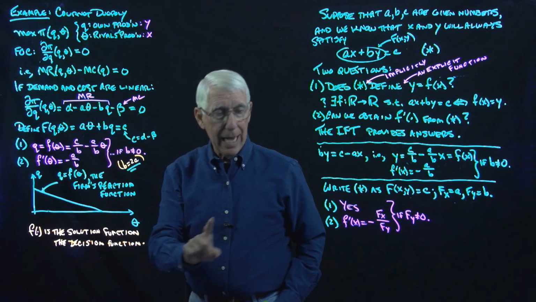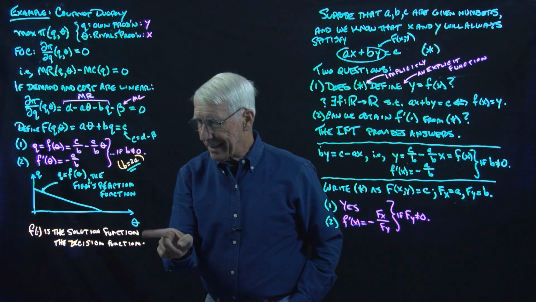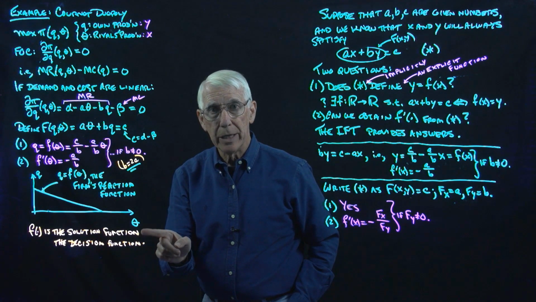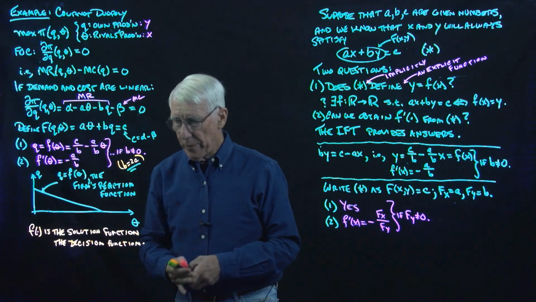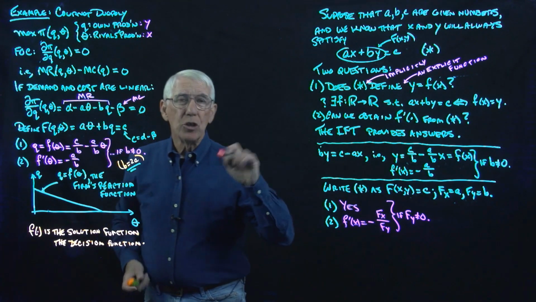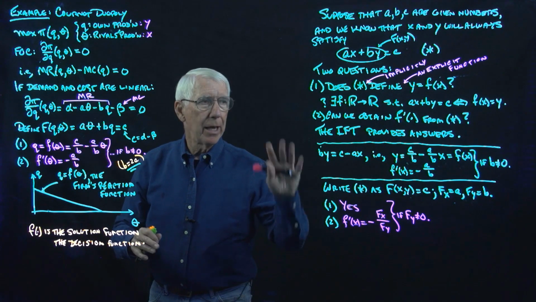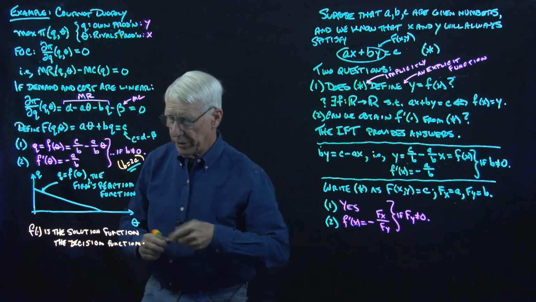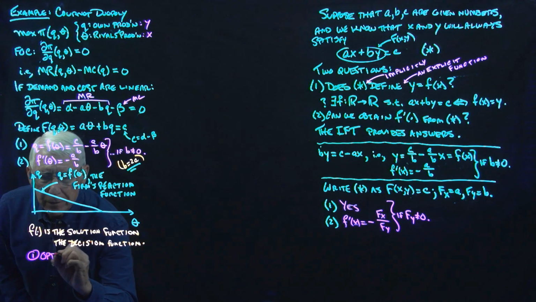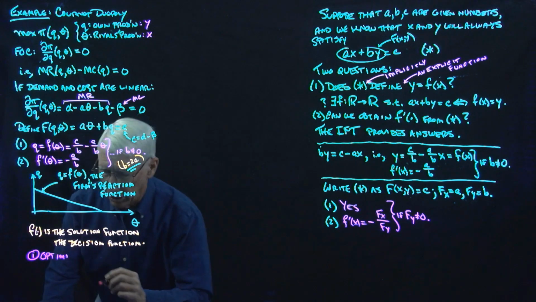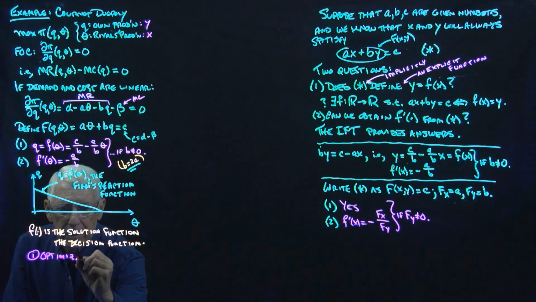And that's a classic application exactly because what we're working with is the solution function for an optimization problem. And so that's one of the ubiquitous in economics applications of the implicit function theorem, is to optimization. I'm going to get down a little lower here so I can write this a little better.